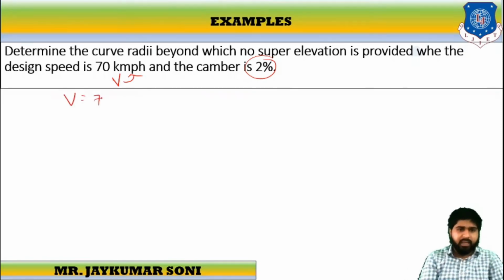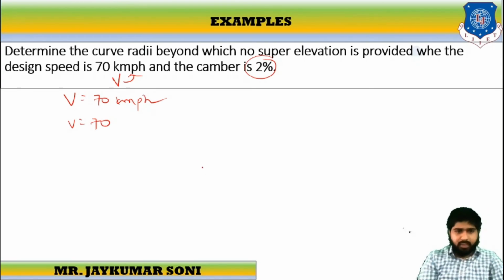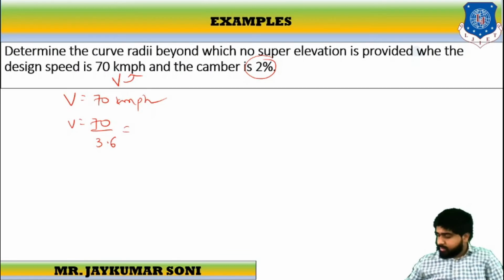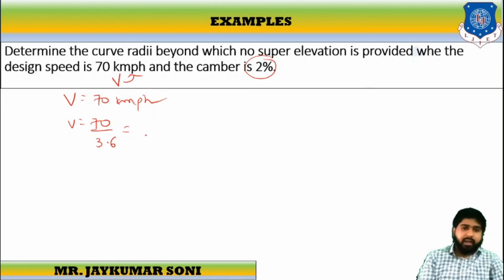Capital V is 70 kmph, small v will be 70 by 3.6, which is 19.44 meter per second.